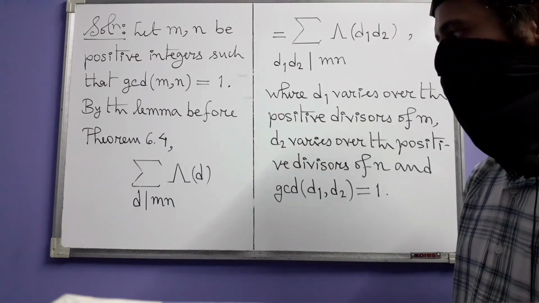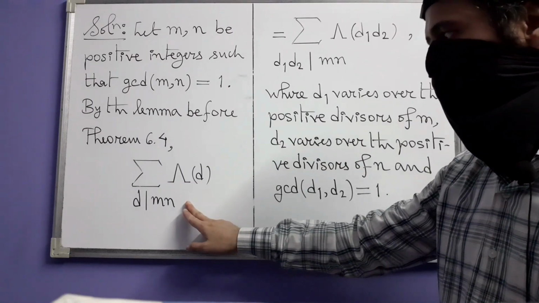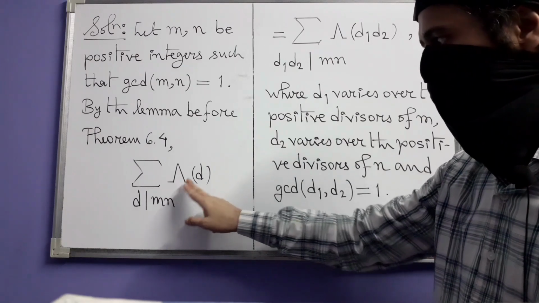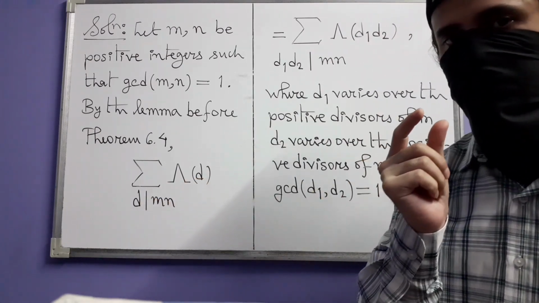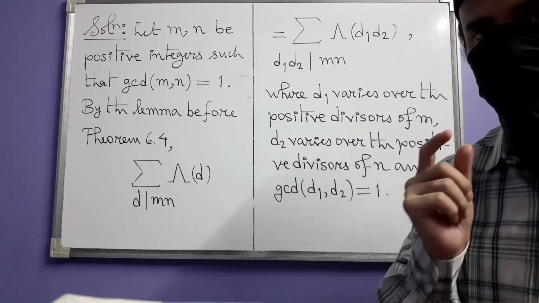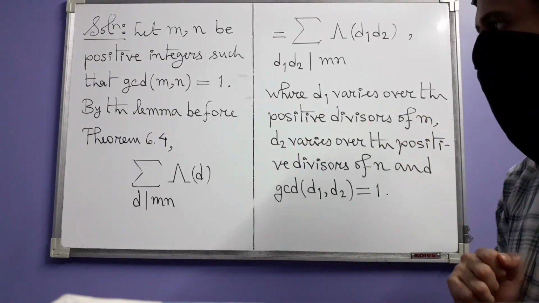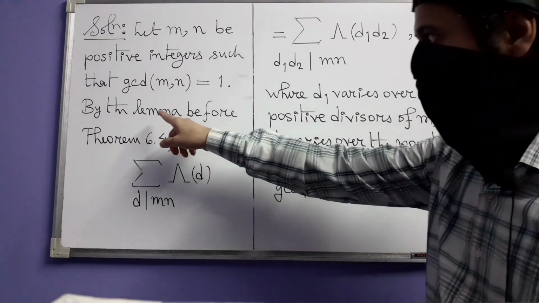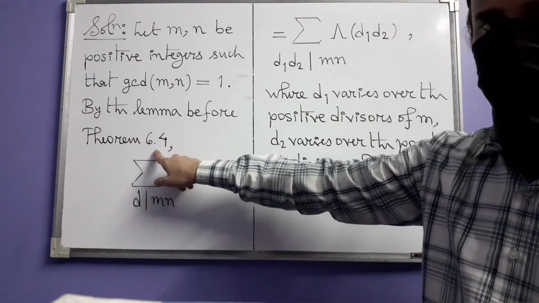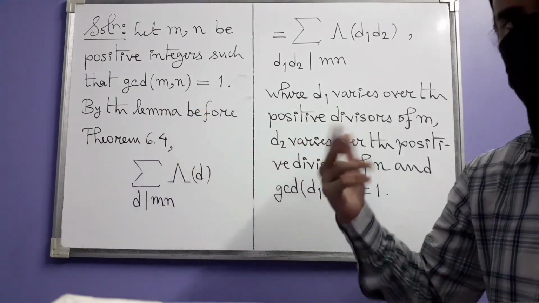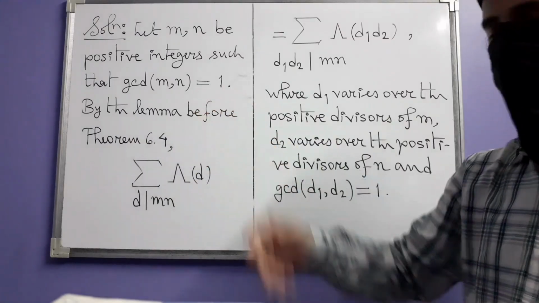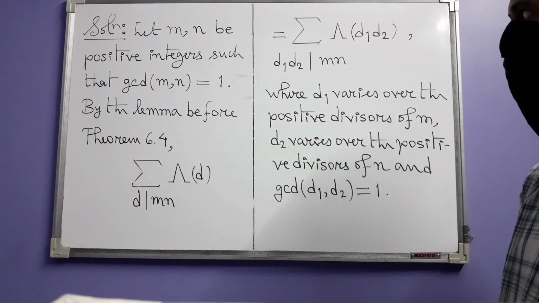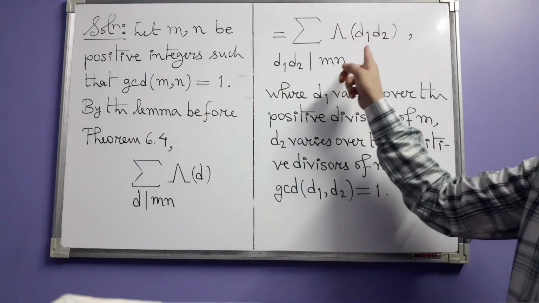And then we consider this sum, the sum of the lambda values of all positive divisors d of the number mn, the product of m and n. And by the lemma before theorem 6.4, this lemma actually has no number assigned to it, so it's just a lemma which appears before theorem 6.4, this sum can be written like this.